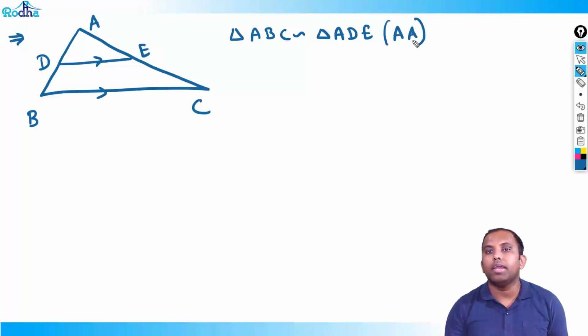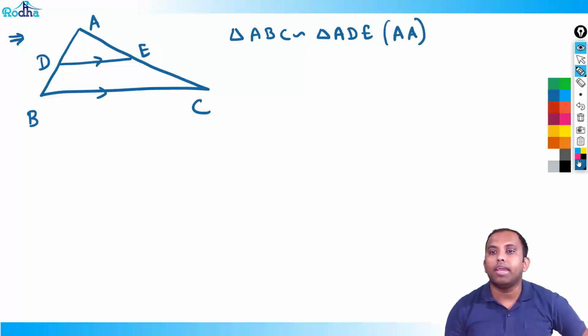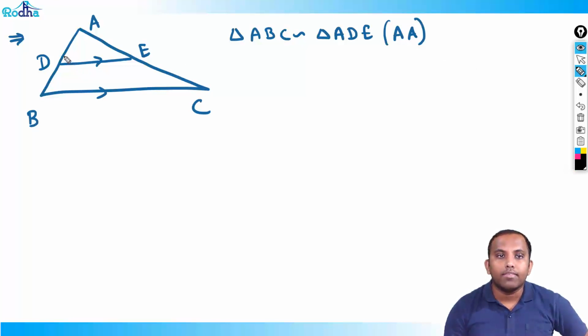Because it is by AA similarity, right? AA similarity means this angle and this angle are equal, corresponding angles. This is theta, this is phi, and this angle A is the common angle, right?